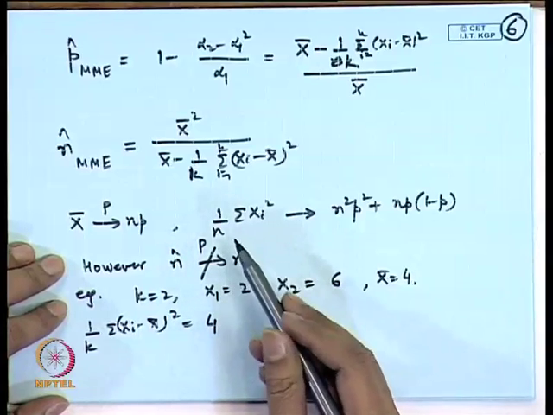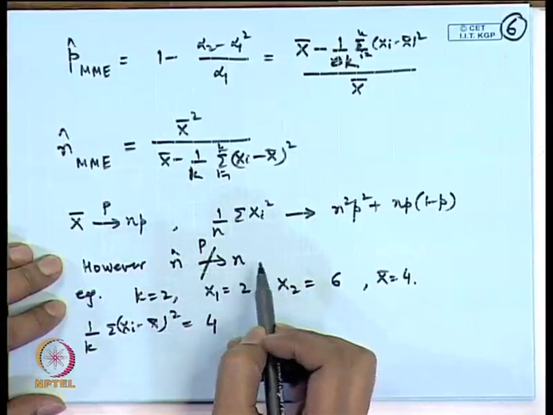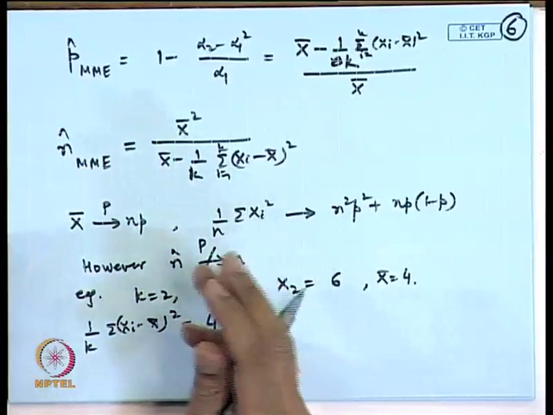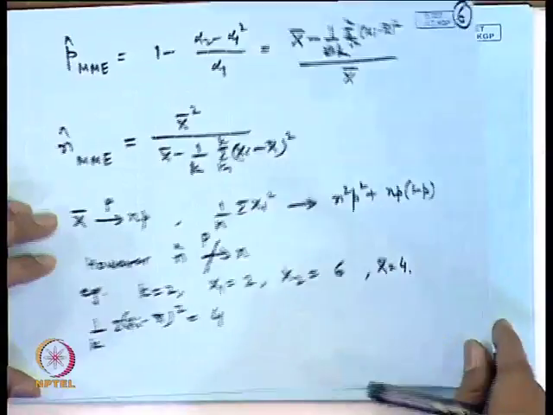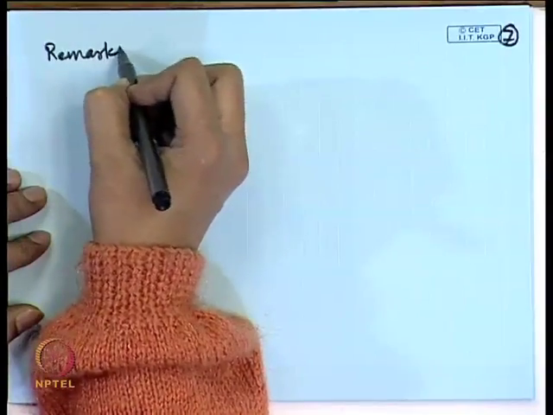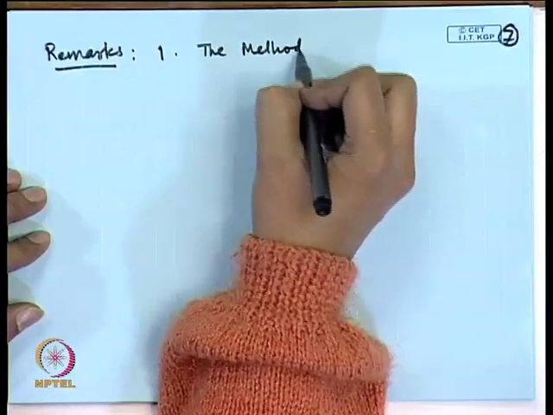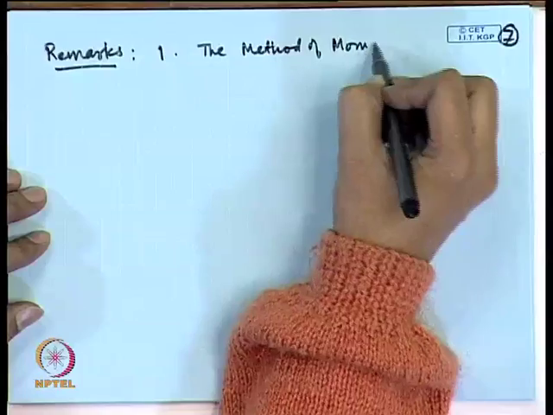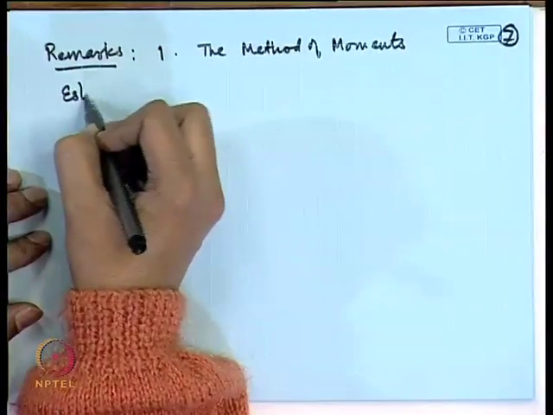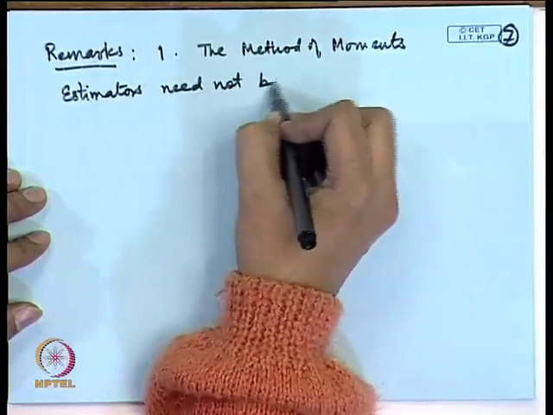Therefore, we conclude here that the method of moments estimator need not be consistent also. Sometimes the properties of unbiasedness and consistency hold, sometimes they do not hold. So, let me give it as comments here. The method of moments estimators need not be unbiased.